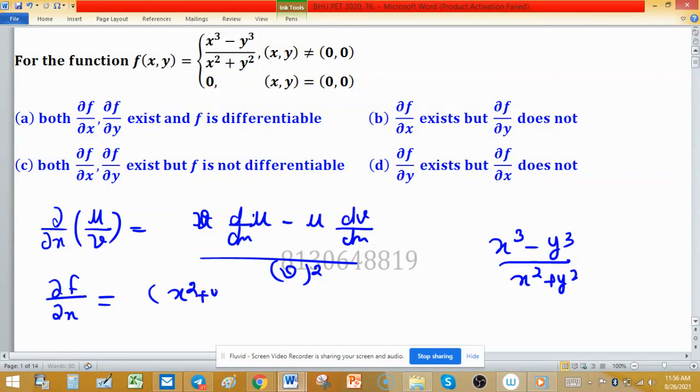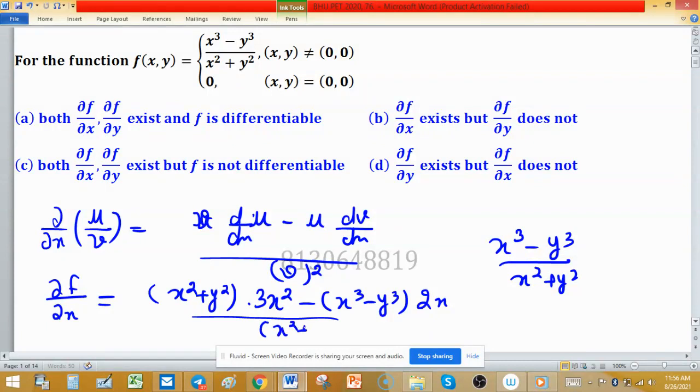It will be x square plus y square times the derivative of the numerator with respect to x, which is 3x square, minus x cube minus y cube times the derivative of the denominator with respect to x, divided by x square plus y square raised to the power 2.